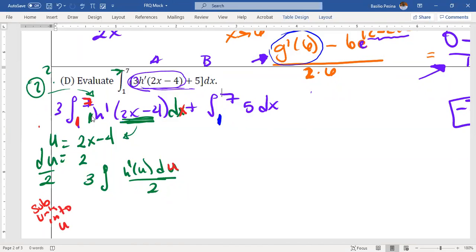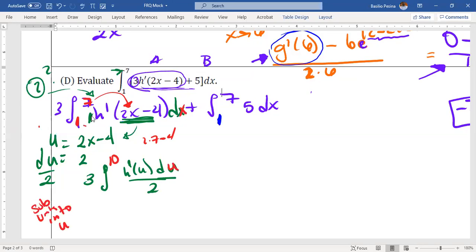So if I put the 7 into the x's to get it in terms of u, it's 2 times 7 minus 4, so 14 minus 4 is just 10.